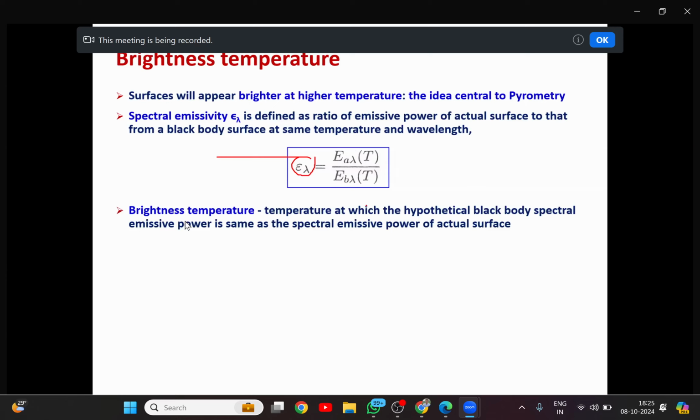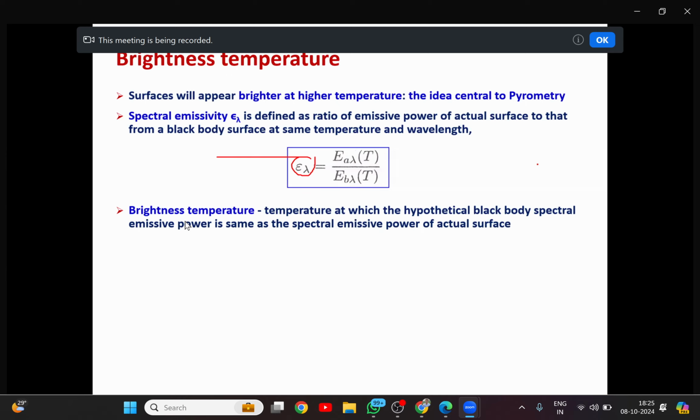Now let us come to brightness temperature. Brightness temperature is the temperature at which the hypothetical black body spectral emissive power is the same as the spectral emissive power of the actual surface.